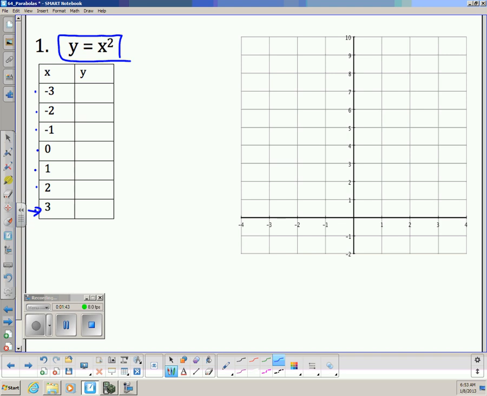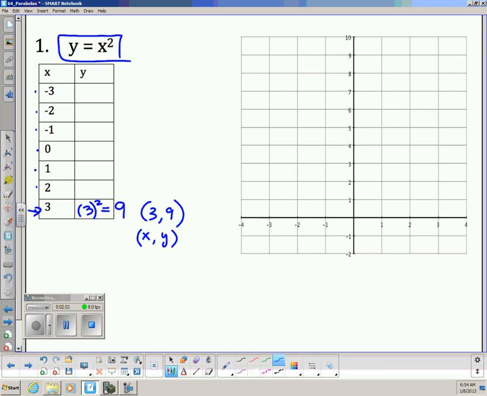So when I want to find y, I'm going to do parentheses 3 squared. And 3 squared is equal to 9. So I can plot the point 3, 9 on the graph. To remind us what this looks like, a point goes x, y.